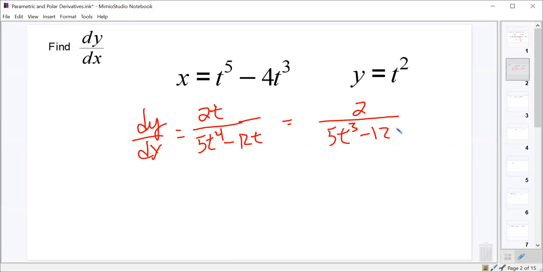Mr. Bachelor? Yeah. Why is it still in terms of t? Yeah, so that's okay. And in fact, that's even more convenient for a parametric. We want to still be in terms of t because, if we're looking at this and we're saying, well, what's the derivative of this? And all of these values are in t, and we have some parameter t, like, t is greater than 0 or something like that.